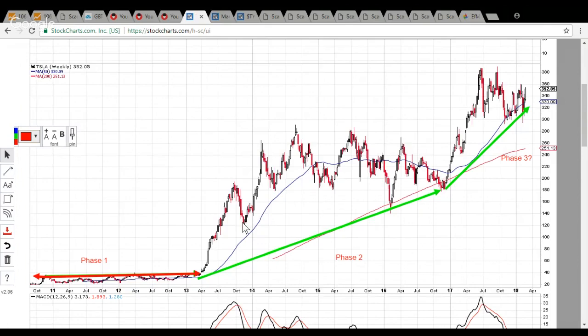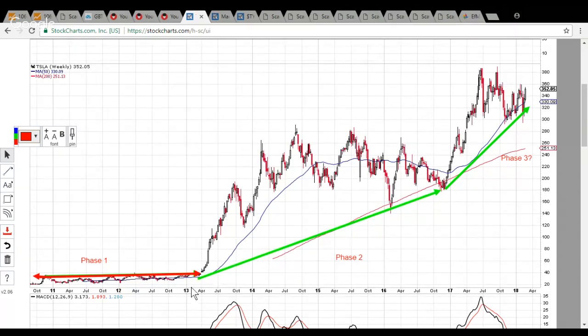And I remember back when I was looking at Tesla in 2013 going into 2014, I drew that line in. But then remember what I said, that it doesn't matter how high prices get above a phase line. The only important thing is that when a correction takes place, it comes back to that phase line.